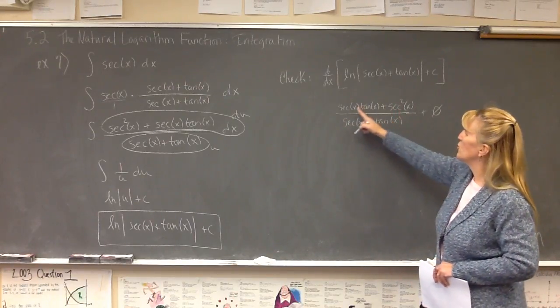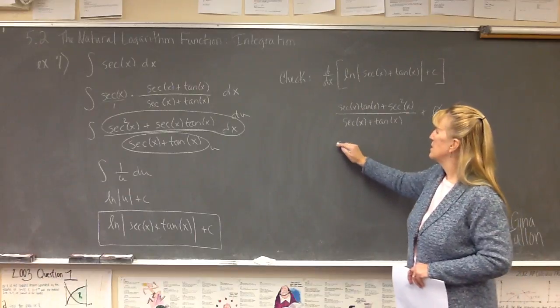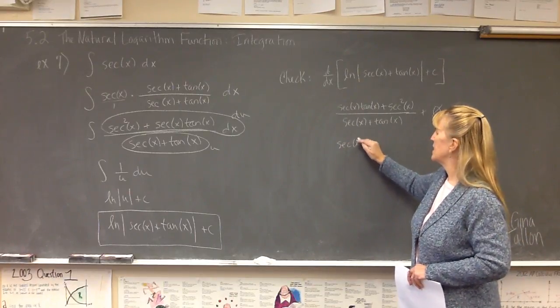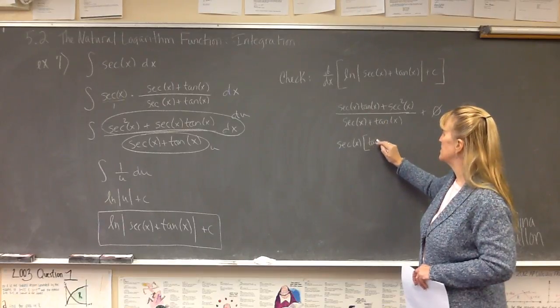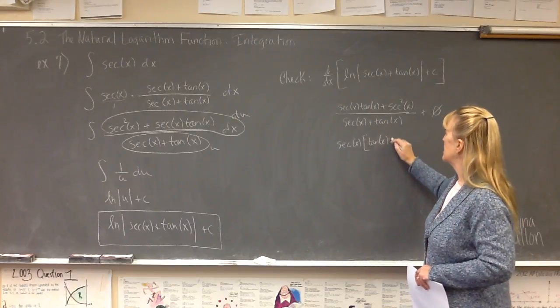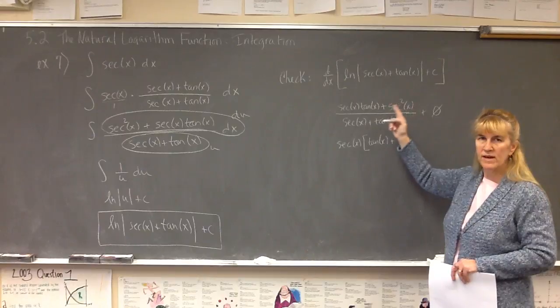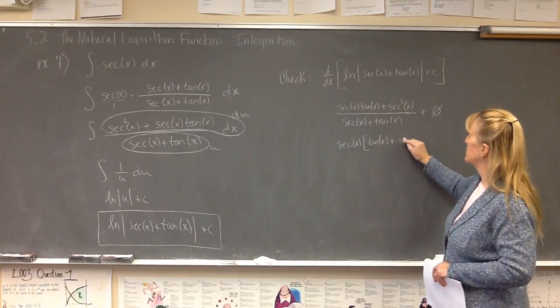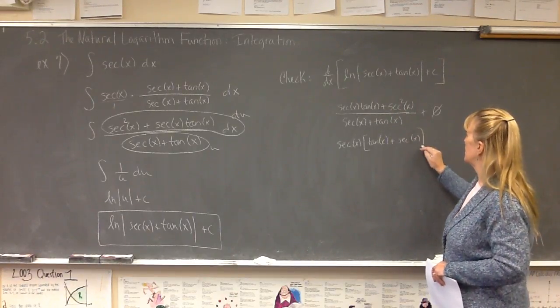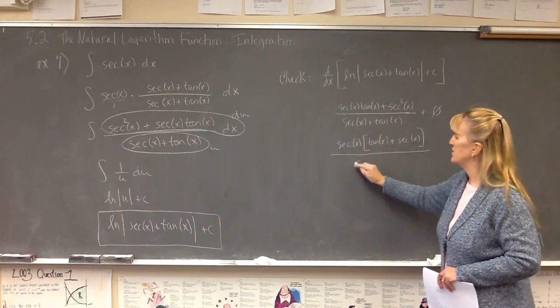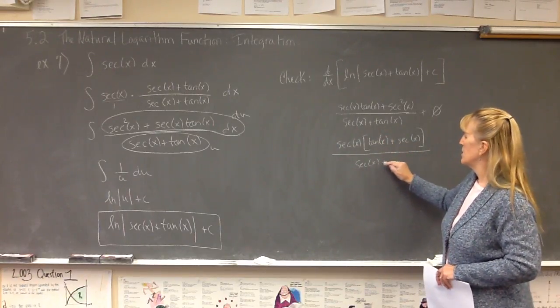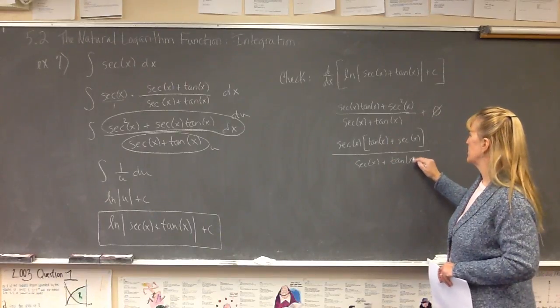But do you notice on the numerator you have a common secant? So you factor that common secant x out, and you'll be left with a tangent of x right here, plus, and if I factor out one of my secant x's, I'll still have one more, so secant x again, all divided by this denominator, which is secant of x plus the tangent of x.